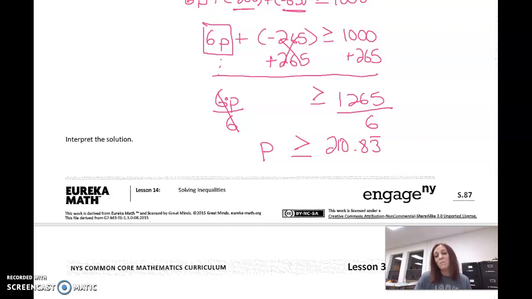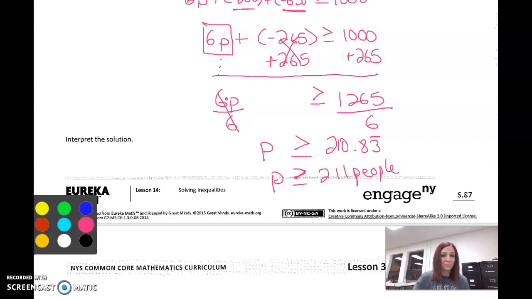Okay, so we're not going to take one person and cut them into 0.83 repeating to make it exact, right? But if I round this down to 210, it's not quite enough money. So I really need to say p is greater than or equal to 211 people. Okay?